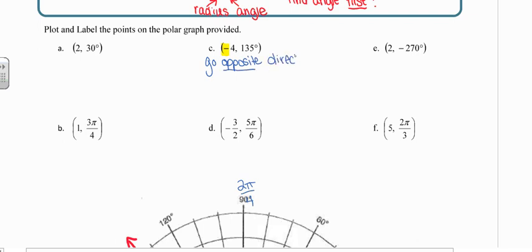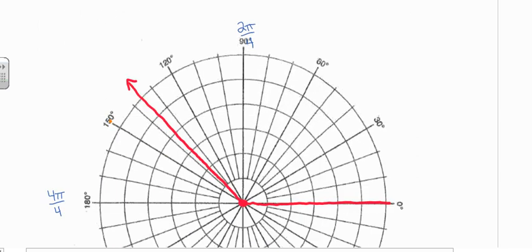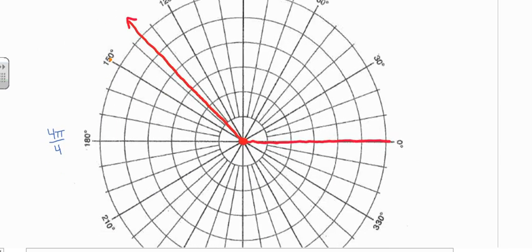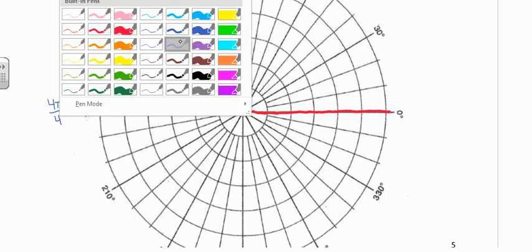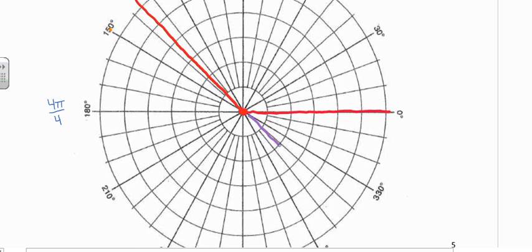So rather than counting outwards on the ray I just drew to represent 135 degrees, we go in the opposite direction. I go on that purple ray a distance of 4 units from the pole: 1, 2, 3, 4. That, folks, is my point C.